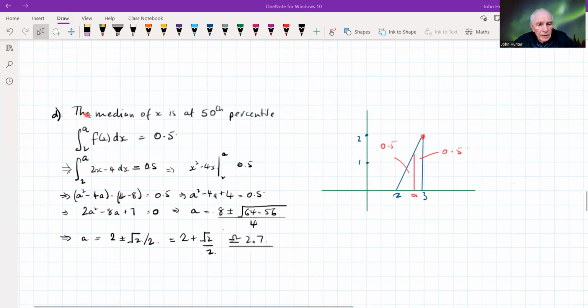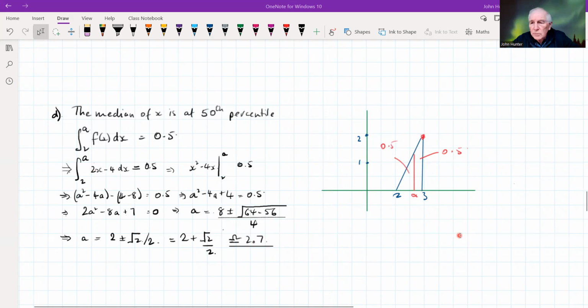The important thing there really is to note what we mean by the 50th percentile, and it yields this equation. In this situation, this value A is the value to be found.